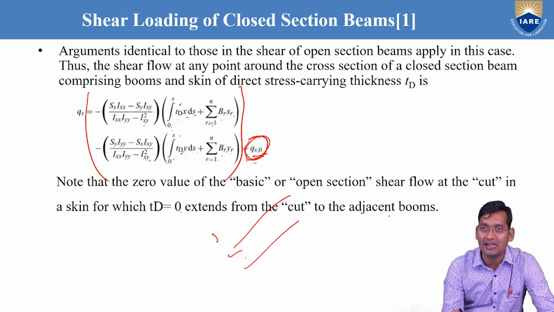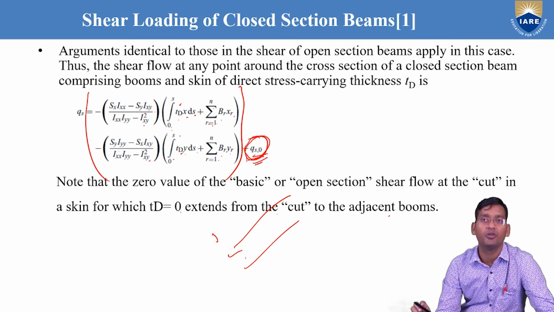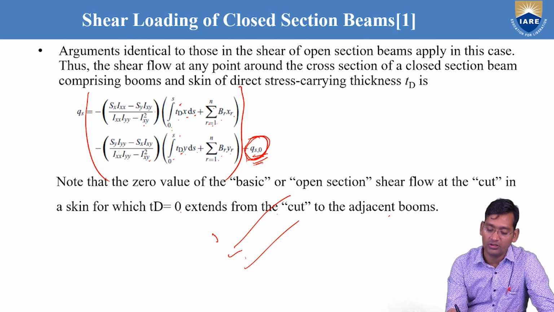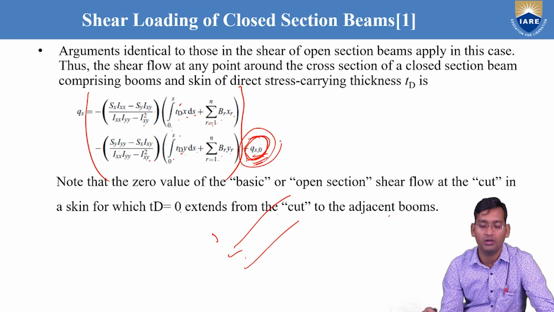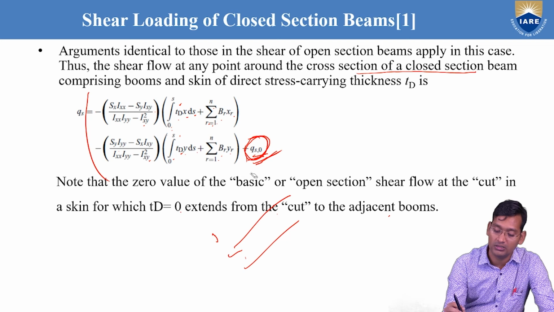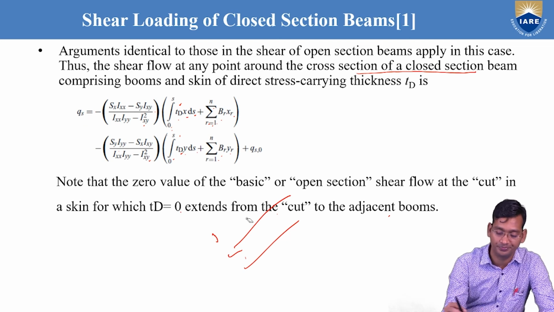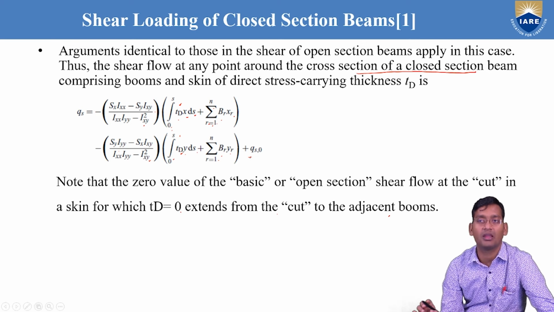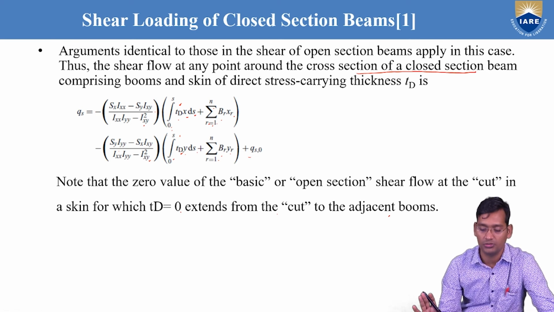So now if we add this term, it becomes the one for the closed section. That's why in the starting I derived for the open one, and whatever the shear stress for the closed part will be there, just add it here. So now, just see here, it's the cross section of a closed section beam. Because of that, this term will get added. Okay, so now finally we got this for the closed one.